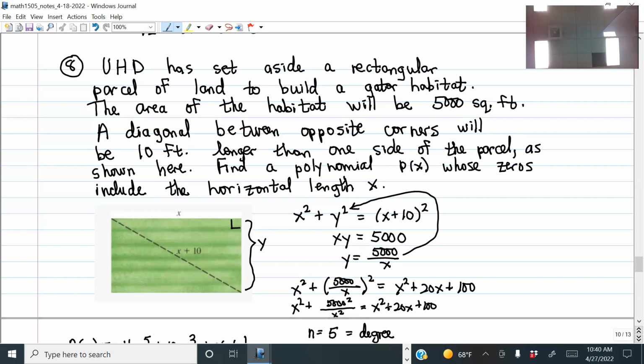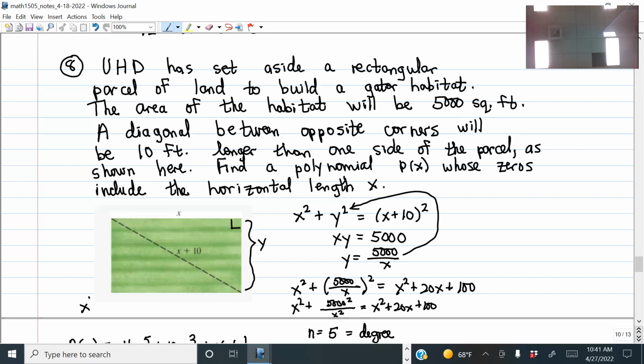But we're going to turn this into a polynomial really fast, because what can we do to get rid of this fraction? Multiply everything by x squared, right? Just multiply everything on both sides by x squared.